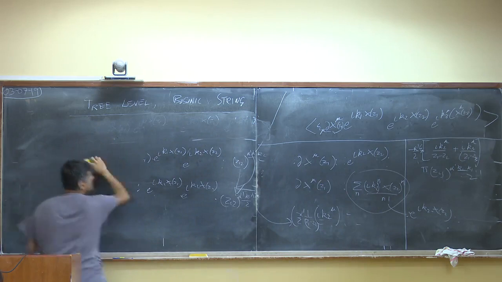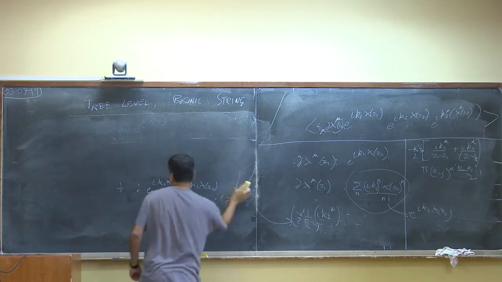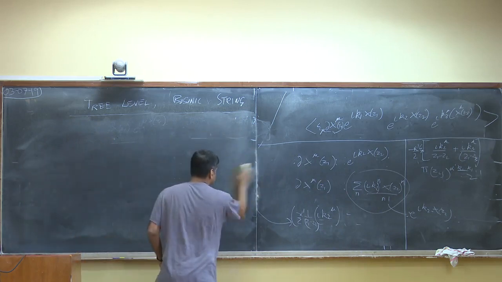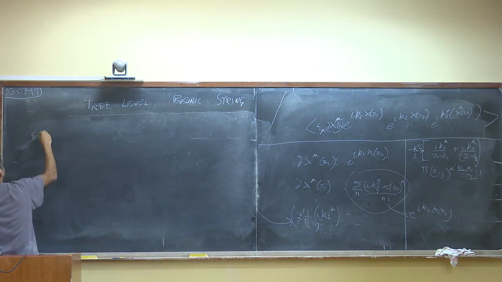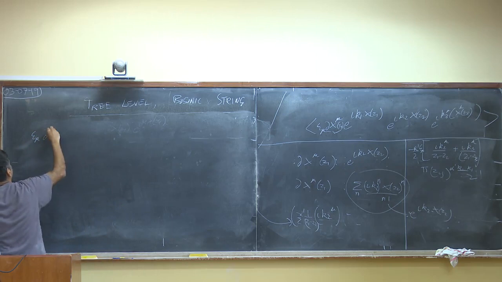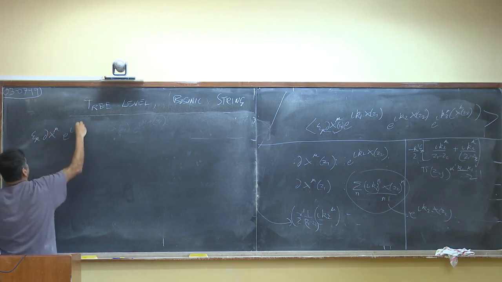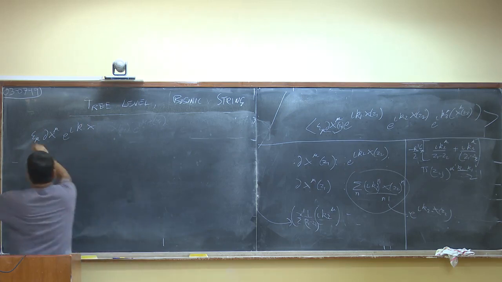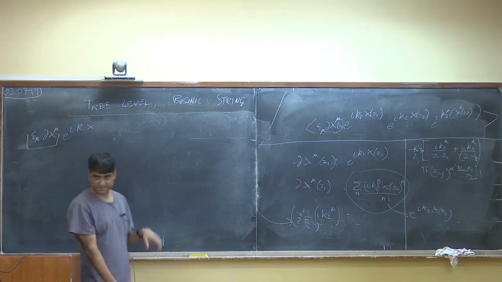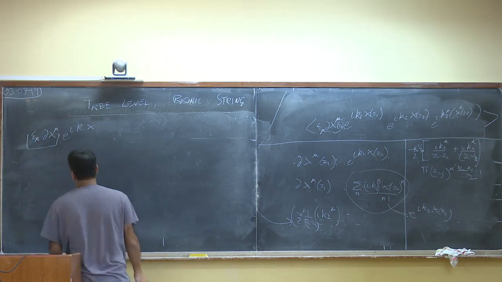Our rule is: every zeta mu del x mu e to the power i k dot x, the effect of this zeta mu del x mu is this.